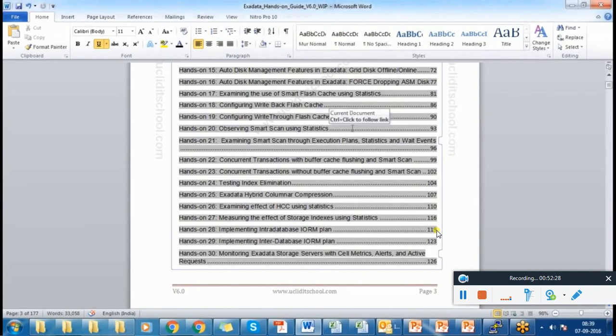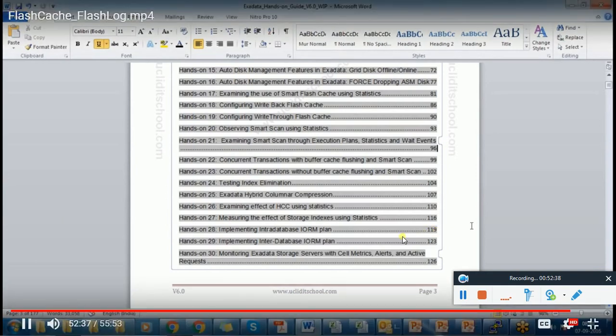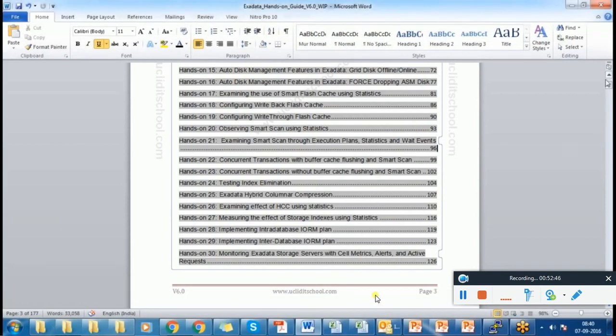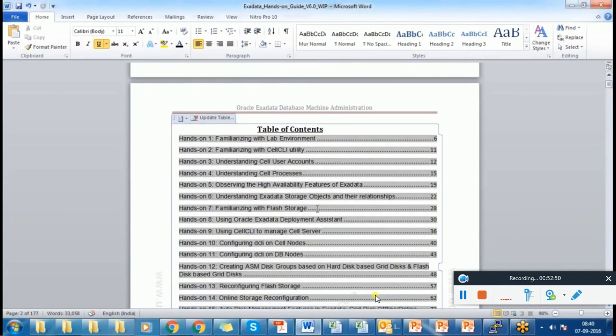I don't think there is any hands-on related to flash log because it is automatically configured, but you can drop the flash log anytime and recreate it. You should have already seen some commands related to flash log in some of these exercises, for example, in familiarizing with the flash storage topic.